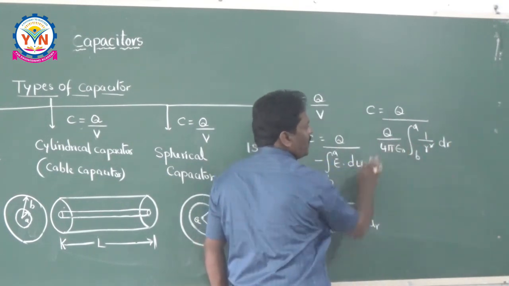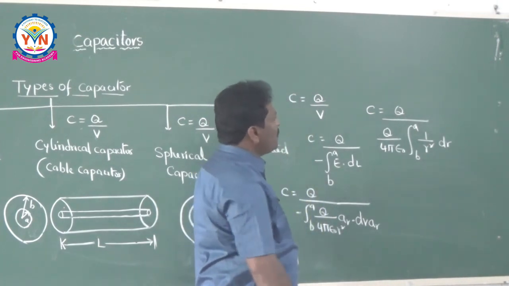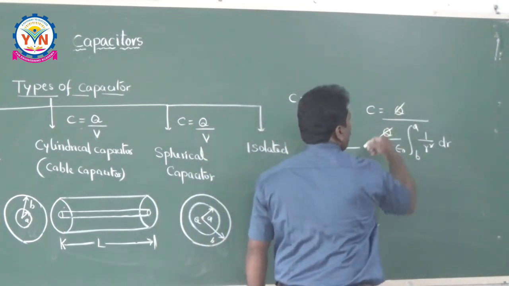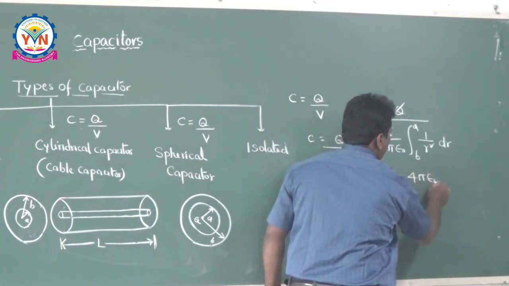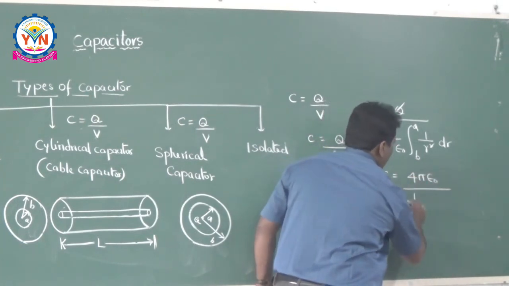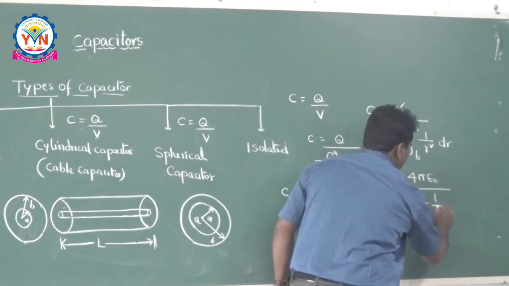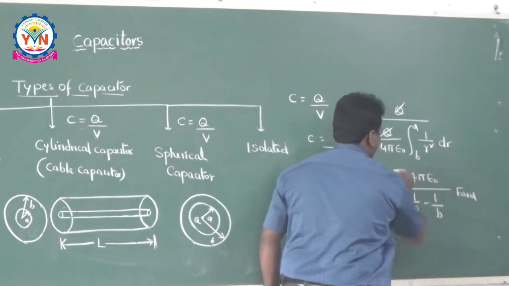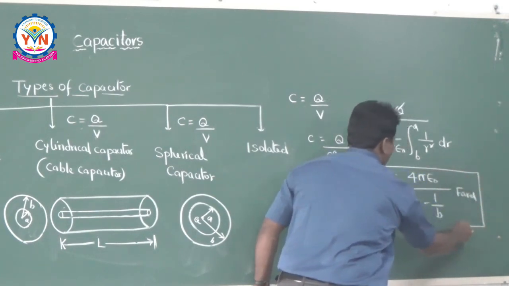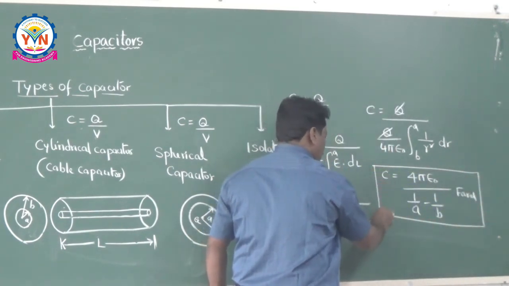Minus 1 by R. So Q and Q will be cancelled. So you can say C is equal to 4 pi epsilon naught divided by 1 by A minus 1 by B farads. If you do this step, you are going to get this. This is the capacitance of your spherical capacitor.